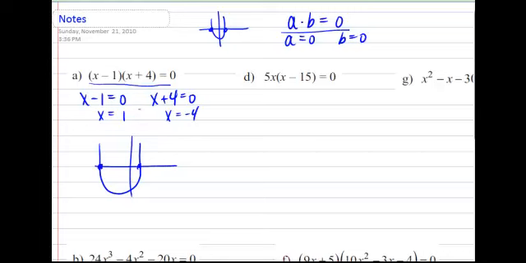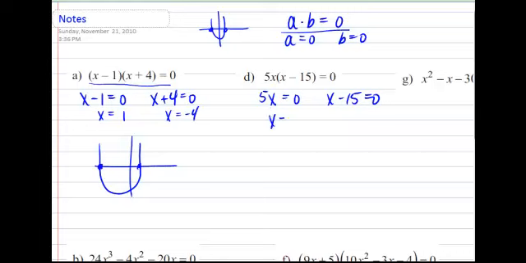Okay, let's look at another example. I have two terms being multiplied together. They're both set equal to 0. So we just take them apart and set them equal to 0, just like that, and then solve each one of these equations. Now this 5x equals 0 is a valid equation.